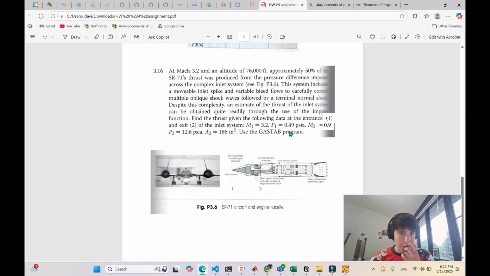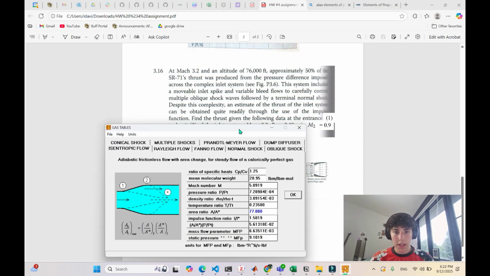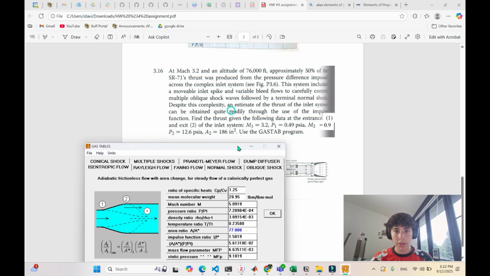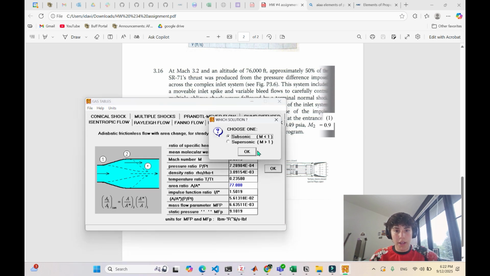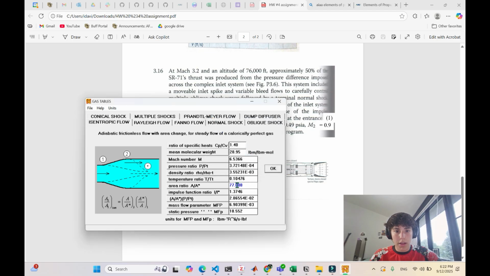And if you input the Mach number at state 1, which is 3.2, and this is air, so it's 1.4 here, and we'll put 3.2, then we're going to get this impulse function. Now that's I1 over I star, and record that down. Now we go 0.9 because that's M2. Now we've got this, I2 over I star.